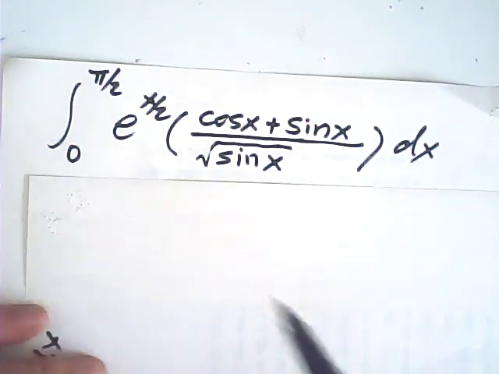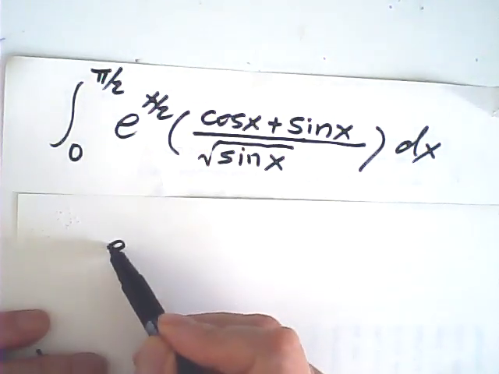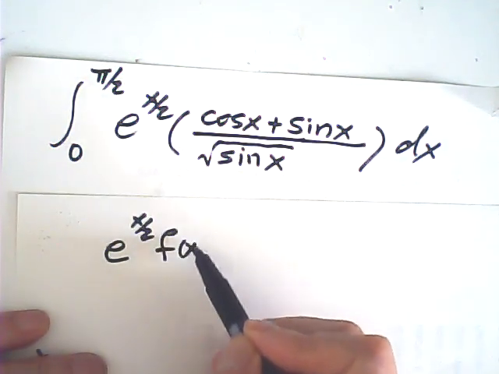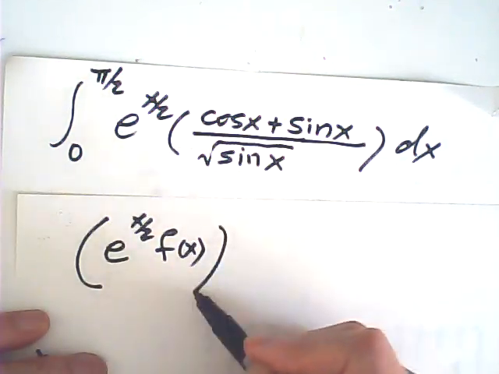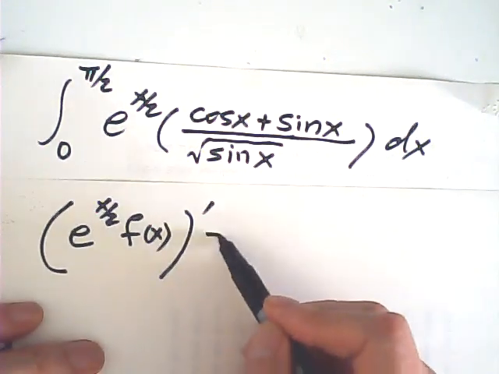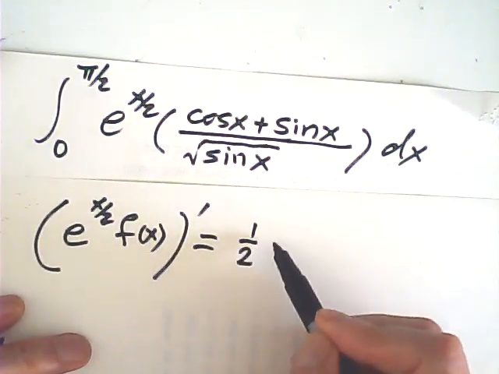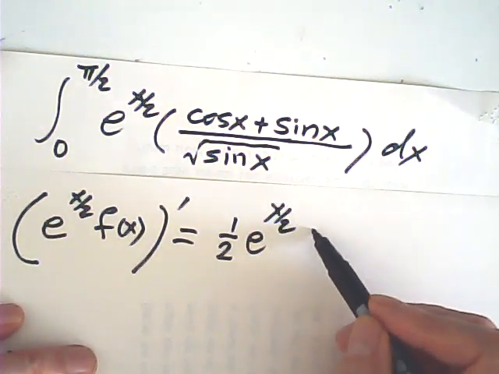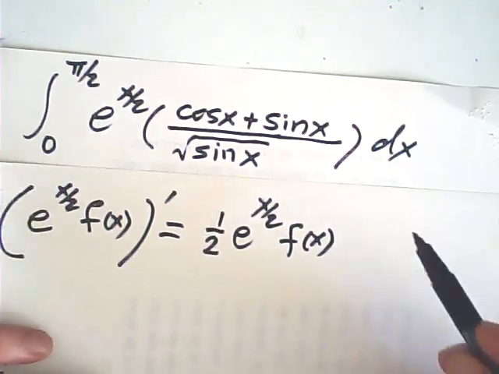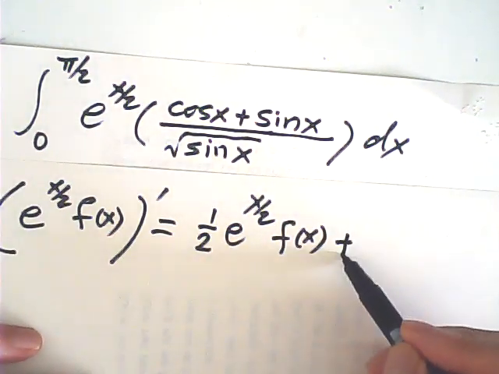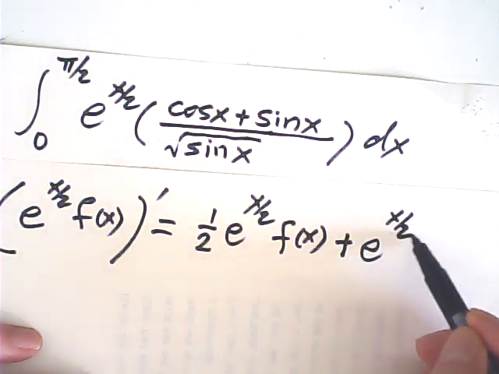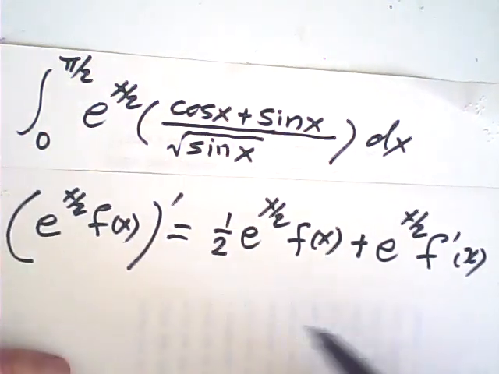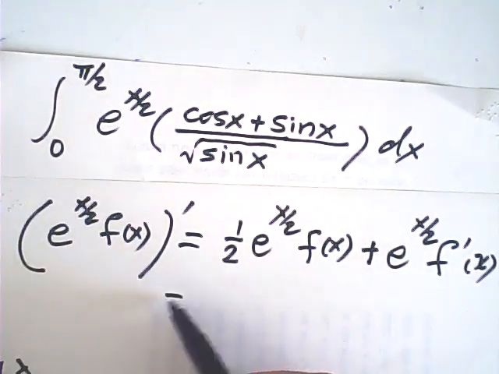Therefore, can we think of e to half x times a function f of x? Then the derivative of that will be equal to half e to half x times f of x plus e to the half x times f derivative of x, right? A product rule.